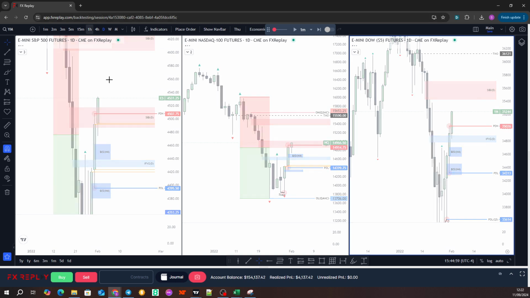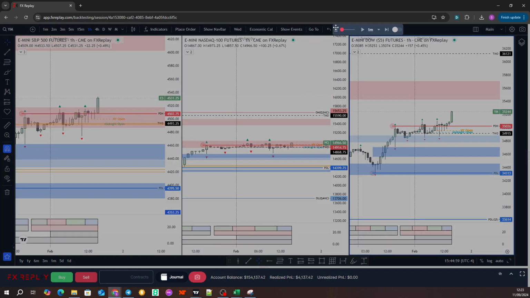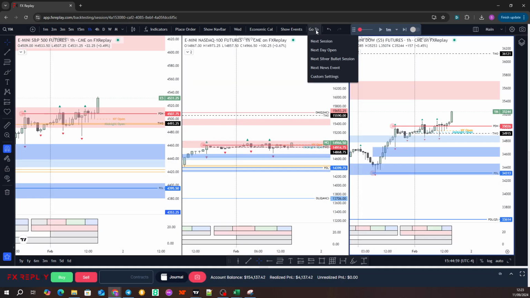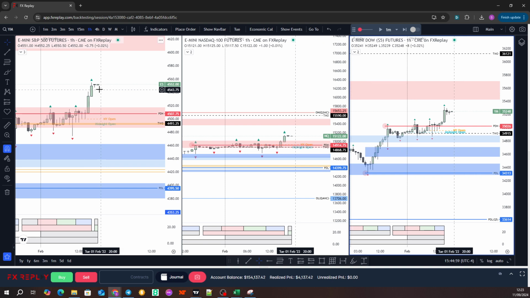Okay, so we're likely to have a daily fair value gap forming there, which is fine. So what I'm going to do first and foremost is let's go to next session, and then we should be able to go to London just so we can have a look.